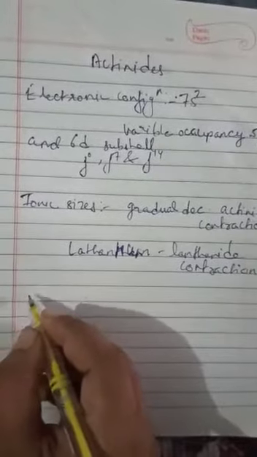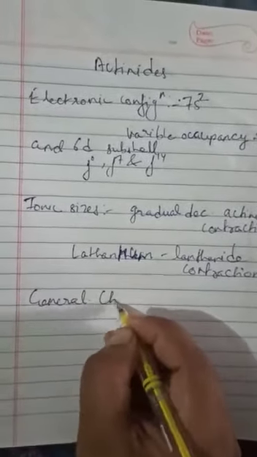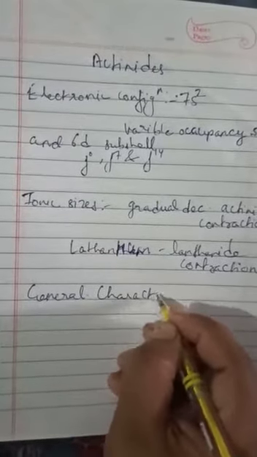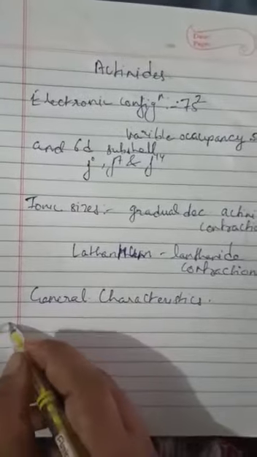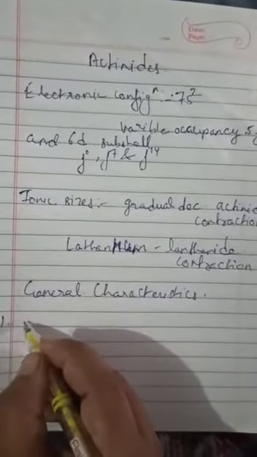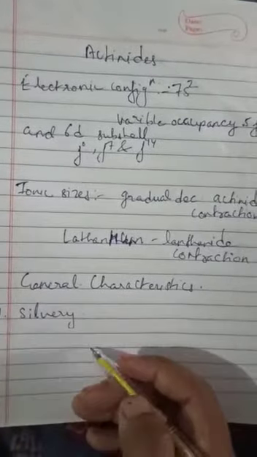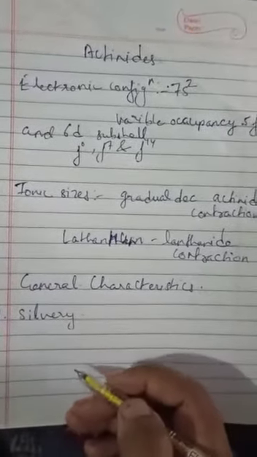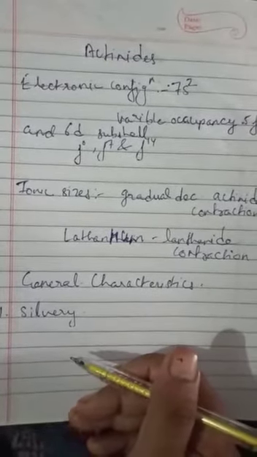Now let's discuss the general characteristics of the actinides. Okay, so first, the actinides are silvery in appearance, but they display a variety of structures.